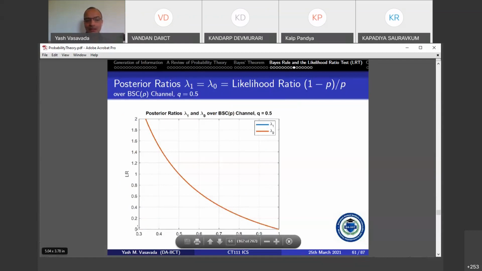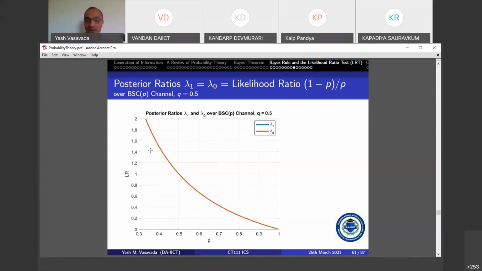On the other hand, let's consider this other extreme case. Although I haven't plotted this likelihood ratio for values of P less than 0.3, let us imagine that if I did make that plot, this would just keep on climbing up and up and up. It will reach infinity when p is equal to 0. When it reaches infinity, again, remember, it means that you have very strong beliefs about posterior. And that again makes sense because p is equal to 0.